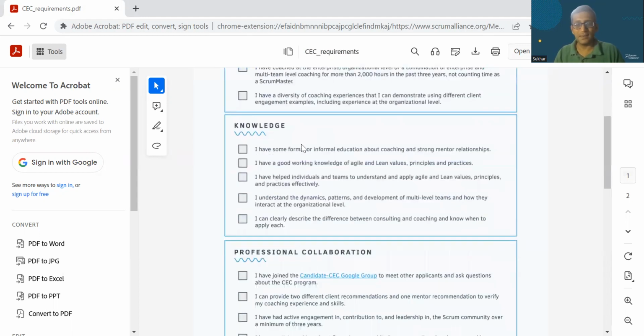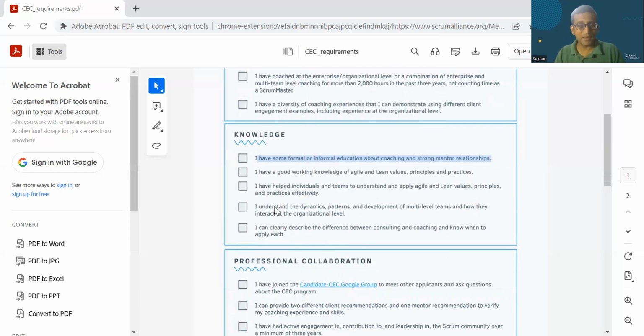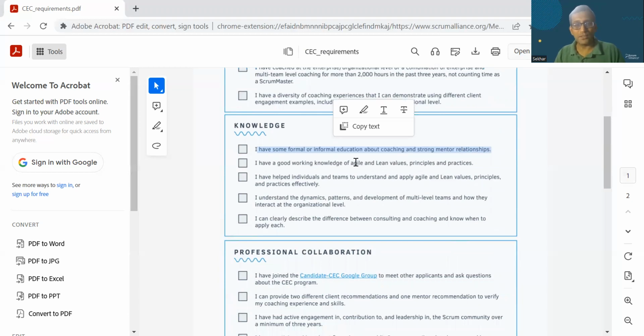Then when we come to the knowledge part, you should have formal or informal coaching education, and strong mentor relationships. The mentor need not be a CEC, but someone who's really good at professional coaching, and good working knowledge of agile values, principles, and practices like continuous improvement, reflection, self-awareness, and asking powerful questions.